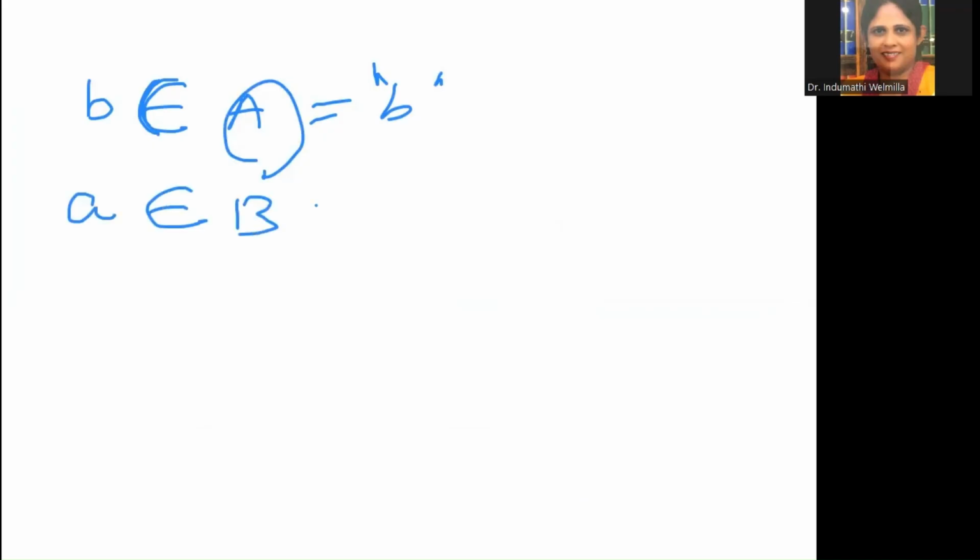In addition to that, when we write b ∈ A, that means b is an element of set A. And also we can write this way, that means a is not an element of set B. Also we use these brackets to denote the set, and this one we use to show the null or empty set.